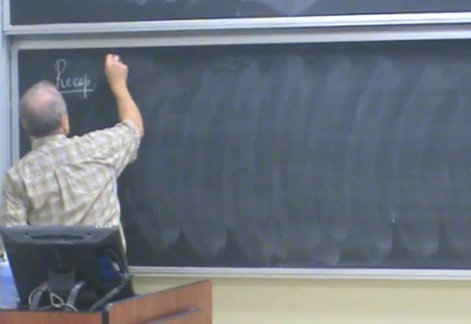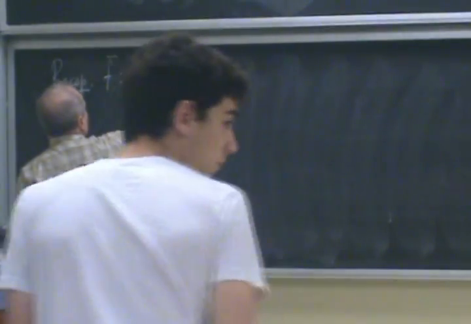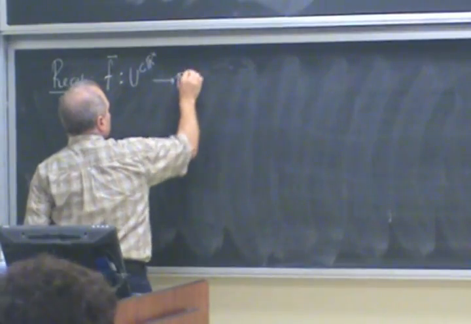What we had at the end of class last time was that a function, so we had an open set, say, in Rn mapping to Rm.